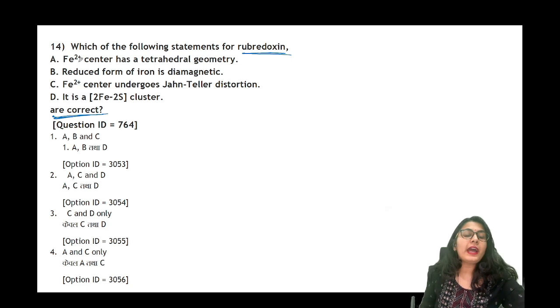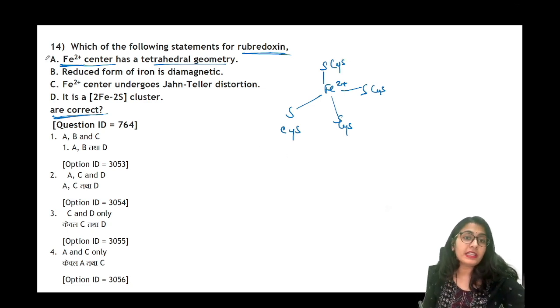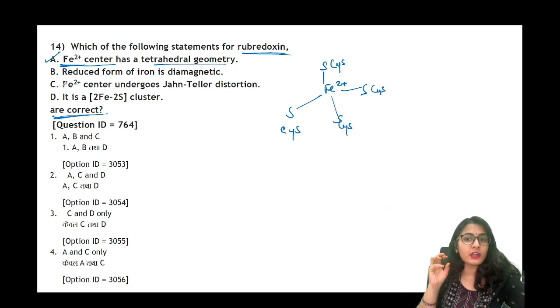Now, you have Fe2 plus center that has a tetrahedral geometry. You have only one iron 2 plus that is going to be connected to definitely 4 sulfur atoms from the cysteine. Alright, there is no inorganic sulfur, only organic sulfur. Alright, so definitely this is correct. Different tetrahedral geometry, all are sulfur from the cysteine.